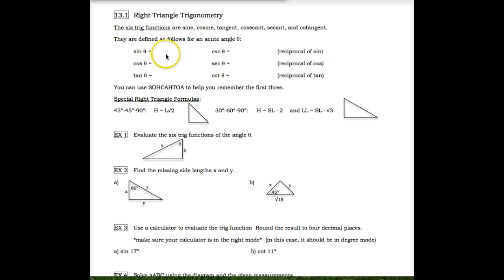In geometry, you learned the phrase, or I guess acronym, SOHCAHTOA. And what SOHCAHTOA helped you remember was how to come up with the correct ratios for each trig function.